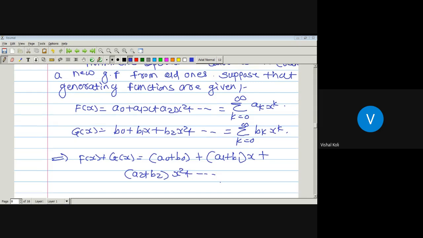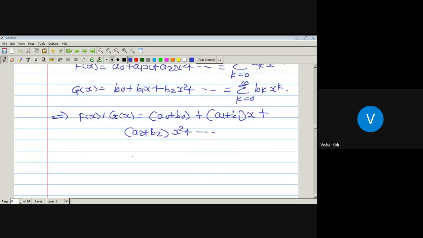So what is its closed form? That is series form, which is summation k running from 0 to infinity (a_k plus b_k) x raised to k, and which is the generating function for the sum of the two generating functions. Its corresponding sequence is a naught plus b naught, a1 plus b1, a2 plus b2. These are the terms of our sequence.